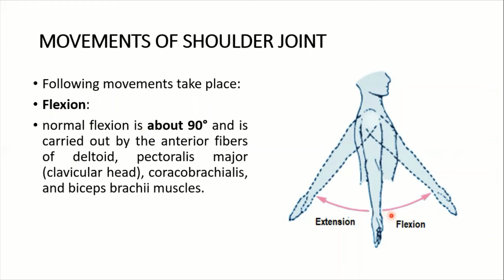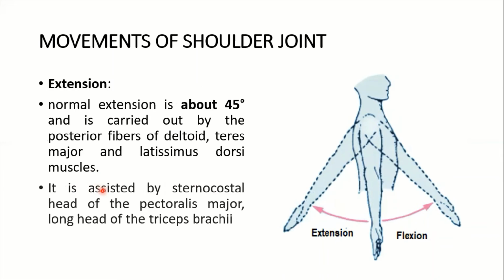This is the flexion. You could see this arm going ahead and in front of the chest. And this is extension, arm coming back from behind the chest. Normal flexion is about 90 degrees and is carried out by the anterior fibers of the deltoid, pectoralis major, clavicular head, coracobrachialis, and the biceps brachii muscles.